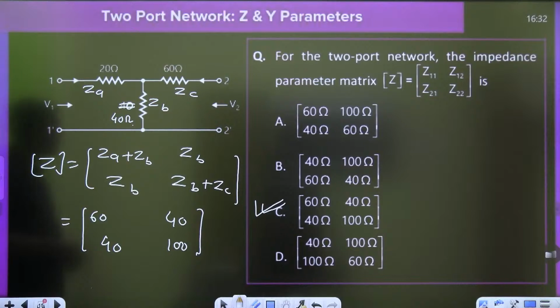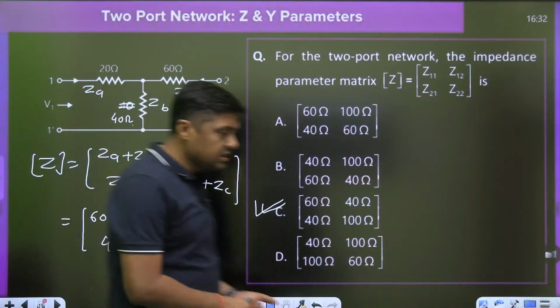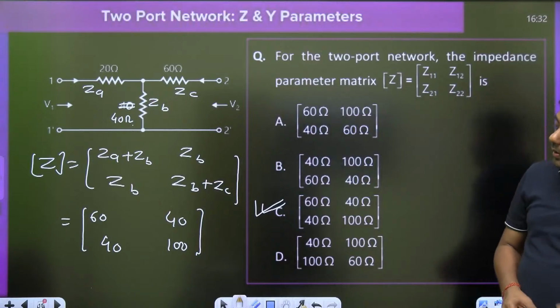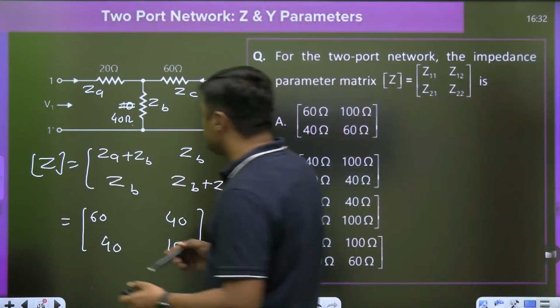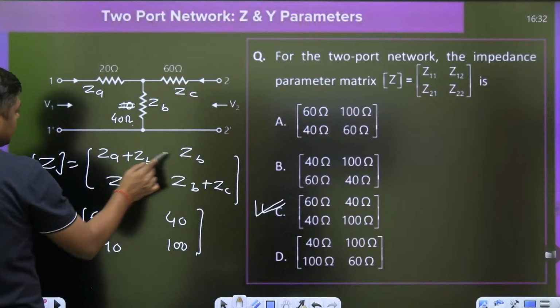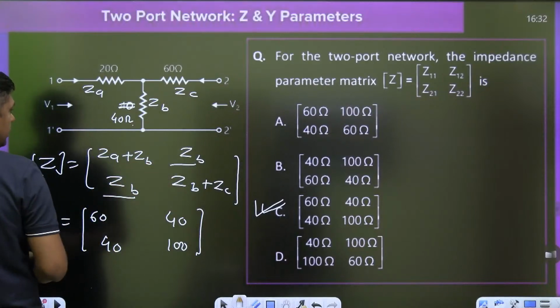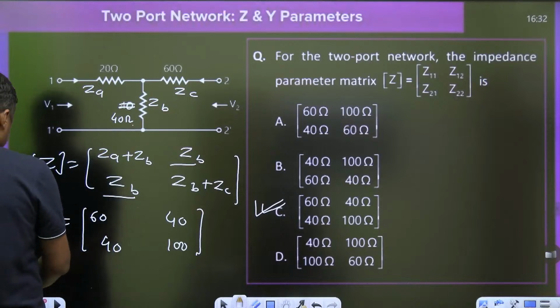Now that is done on Z parameters, on the T network. What is the condition? Always remember, if Z12 is equal to Z21, then the network is called a reciprocal network.